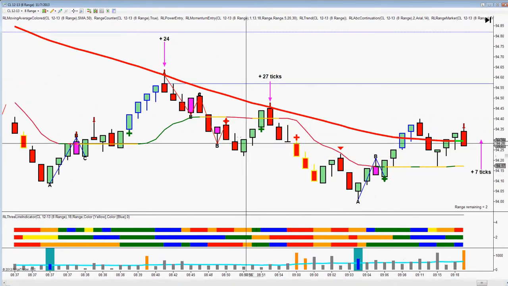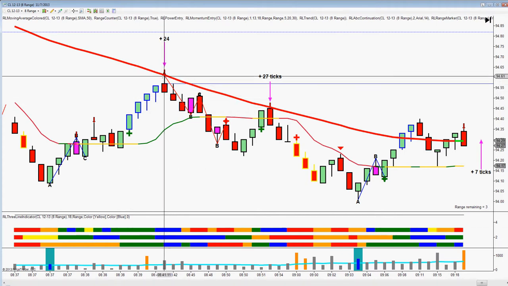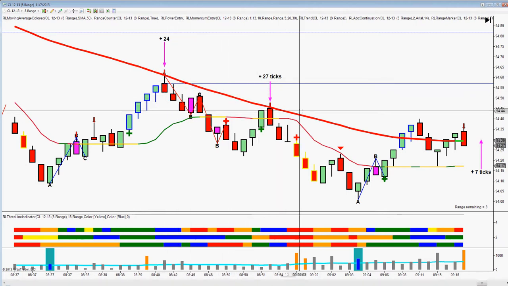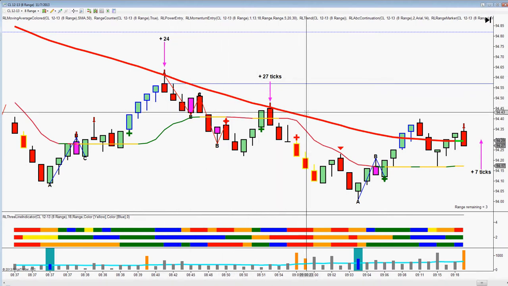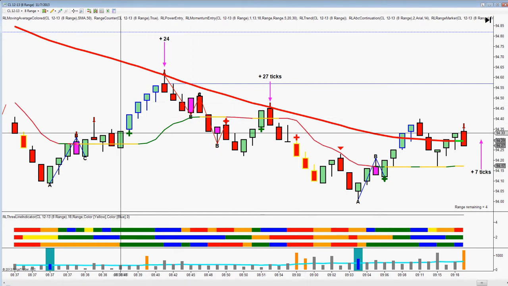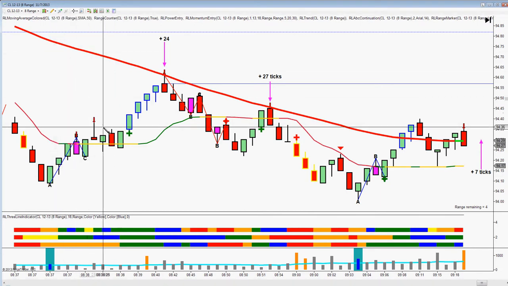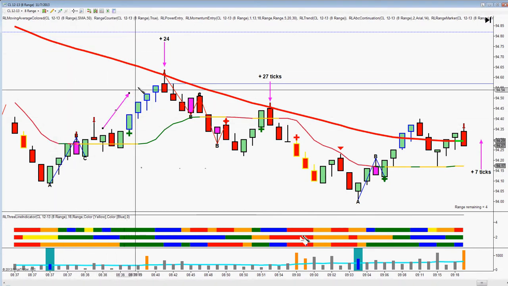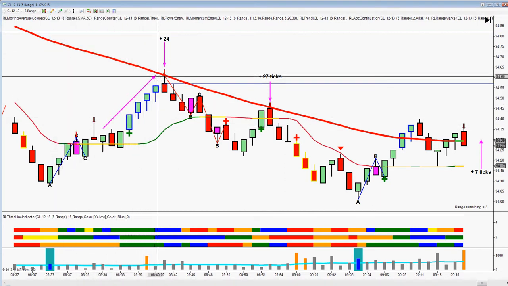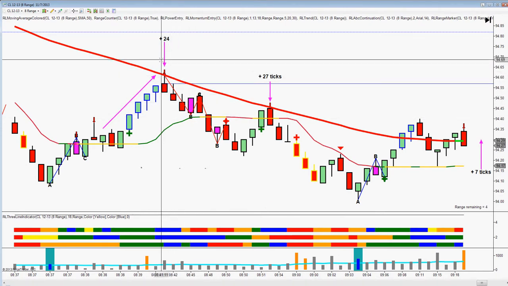Then we had a great power entry, good for 24 ticks. Again, counter trend. Slope of the 50 was fabulous. Showed tremendous negative market sentiment. We know that this deep retracement is going to turn the 3 line against us, but the power entry worked great, gave us 24 ticks.